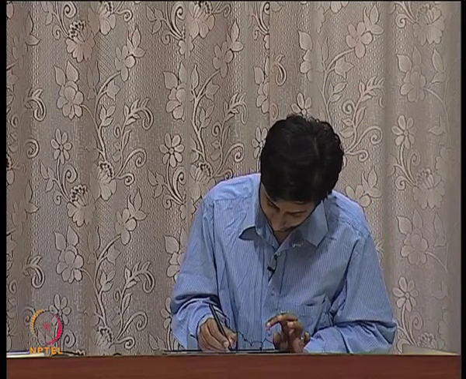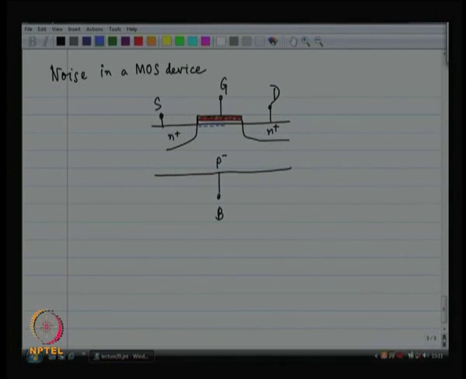A channel is going to develop right beneath the oxide layer of the gate. So, right beneath the oxide layer on the surface, a channel is going to develop. Okay. First of all, the bulk of the MOSFET is going to get depleted of all the holes that were there.